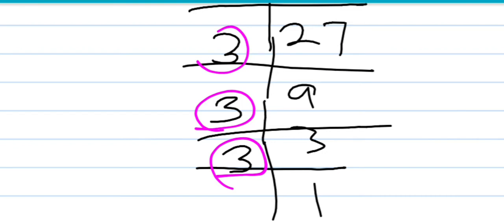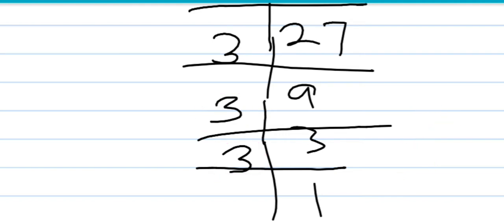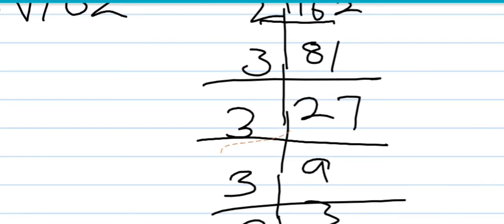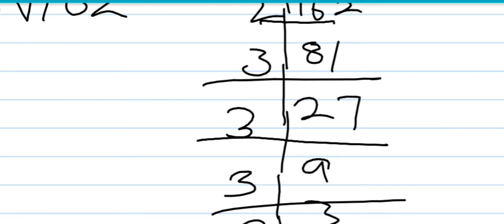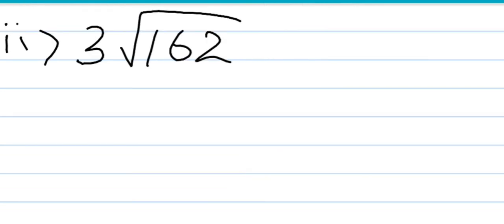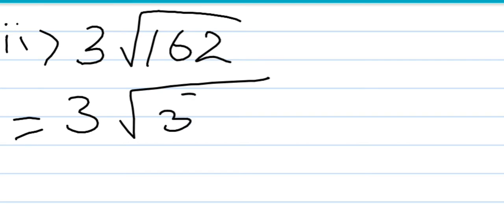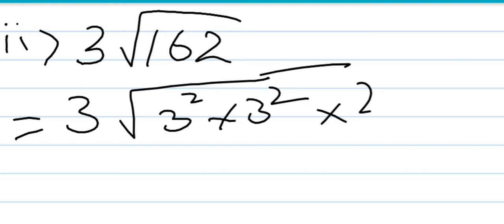We'll take 3 and 3 as 3 square, and these two I'll show you, these two as 3 square. It's simple. So it is equal to 3 into under root 3 square multiplied by 3 square multiplied by 2.